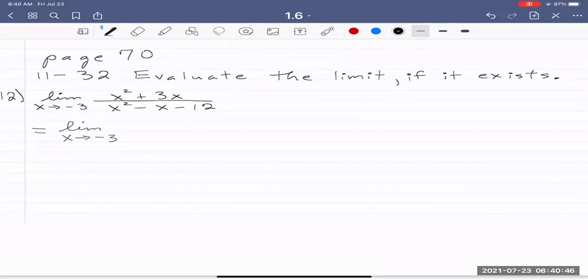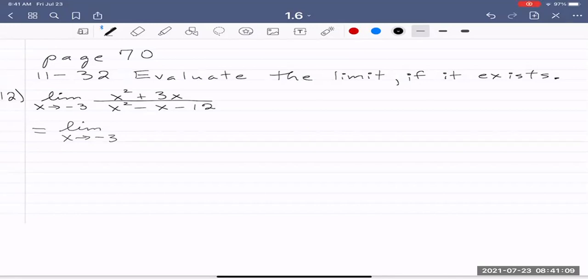So 9 minus 9 is 0. So the numerator is 0. Let's plug into the denominator. -3 squared is 9 minus a -3, so it's 9 plus 3 is 12. Minus 12 is 0. So if I plug in, I get 0 over 0. And so that says we need to do more work.